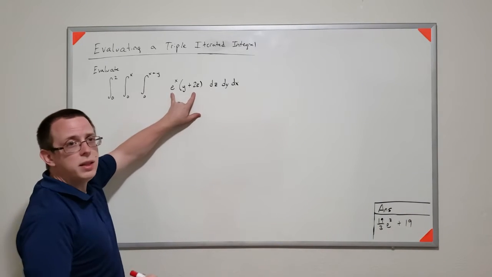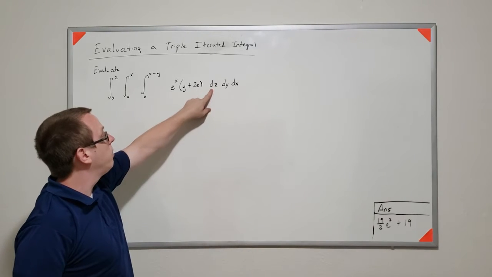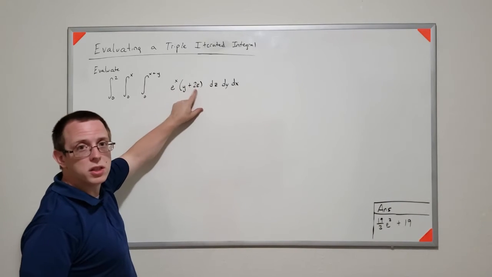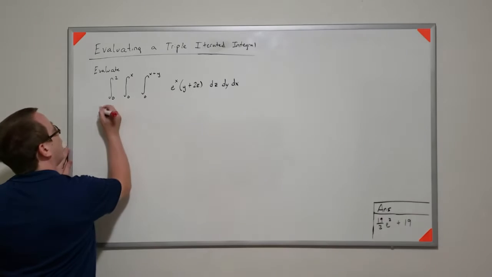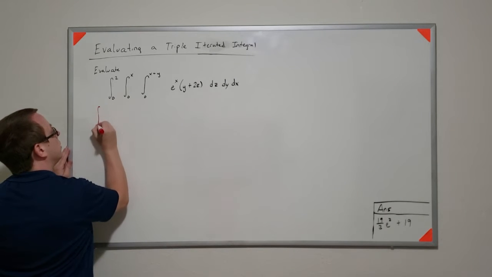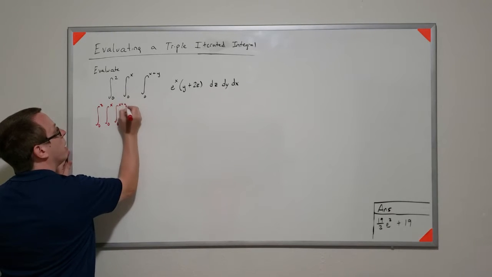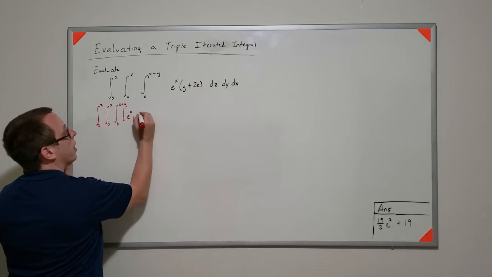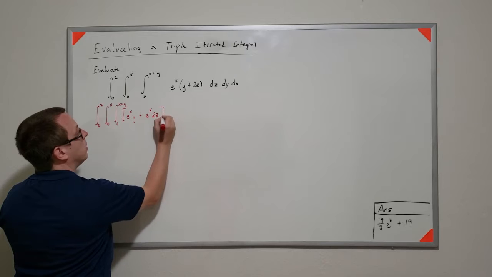So if I want to take the antiderivative of this with respect to z, I can think about a few things. One is that everything else in here is constant except for this. So let's write that out: 0 to 2, 0 to x, 0 to x plus y, e to the x times y plus e to the x times 2z.